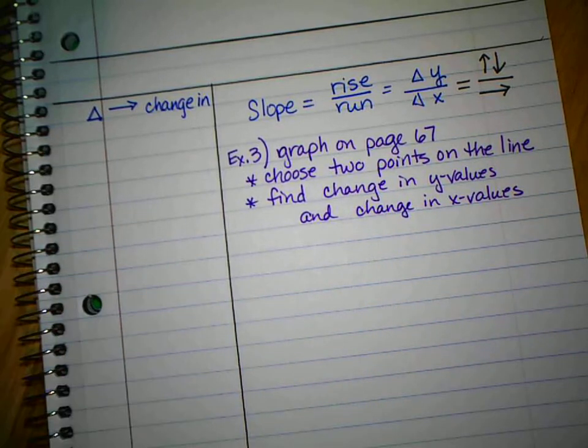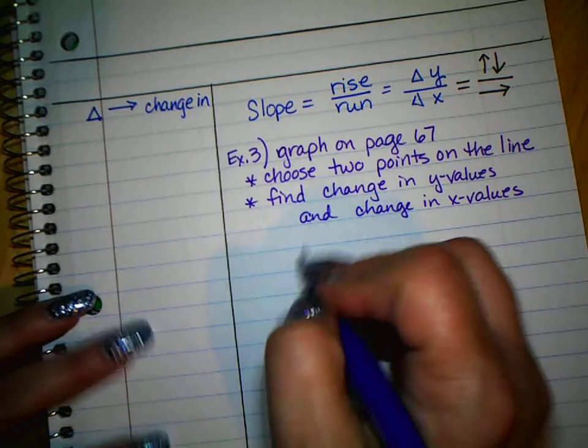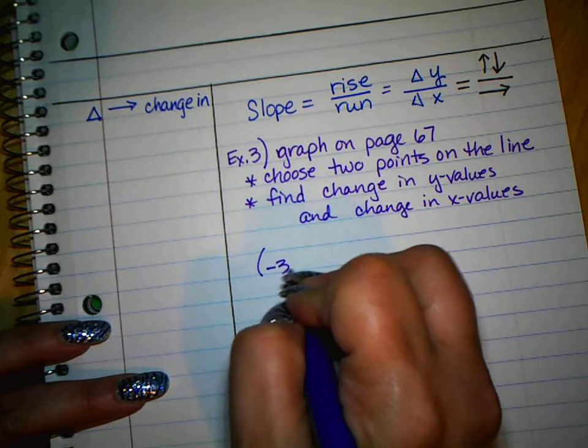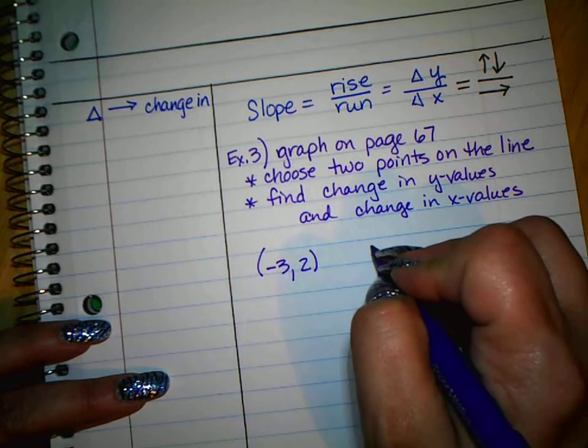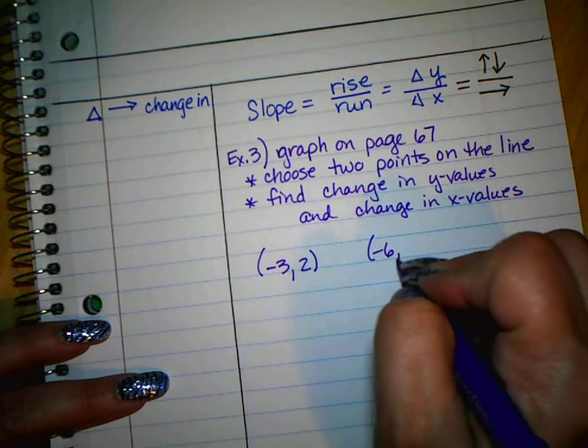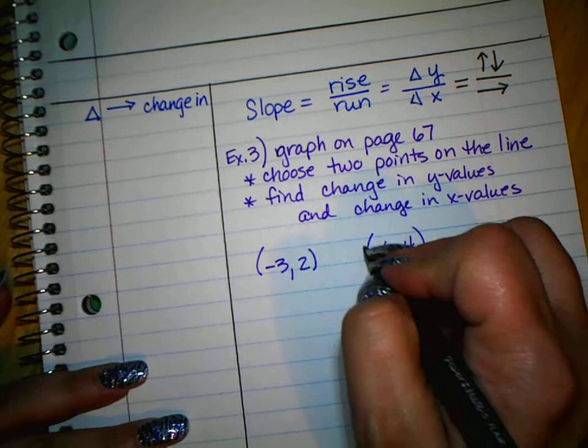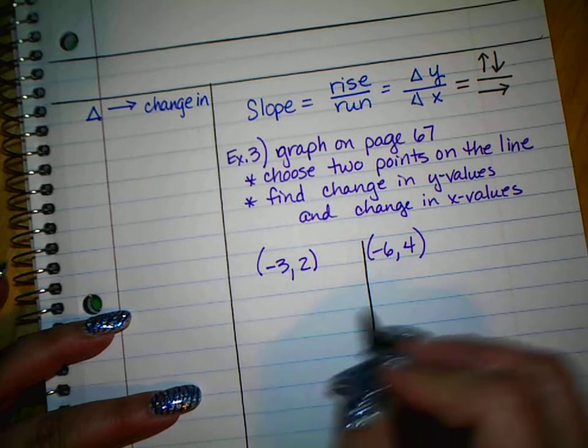Now, I looked at the graph and I chose a couple of points. I chose -3, 2 and -6, 4. I'm going to kind of sketch that in here so that I can show you a couple of things, and I don't guarantee how perfect it's going to be being sketched in.